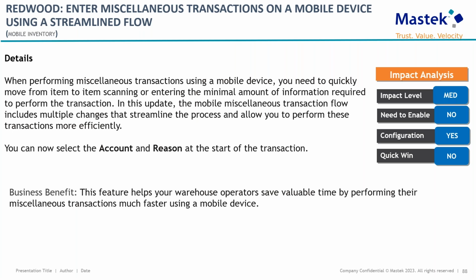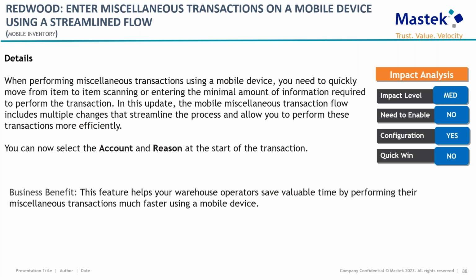You can now start by selecting either the account and reason upfront, and choose whether to begin the flow with sub-inventory or item, whichever suits you best. The system remembers your last used sub-inventory, and the scan flow stays on the same page for faster multi-item entries.